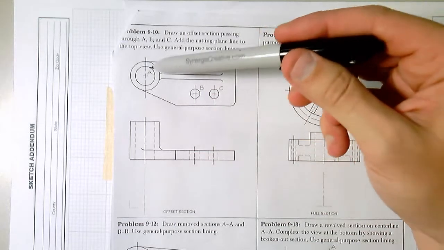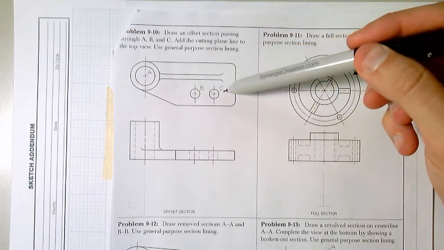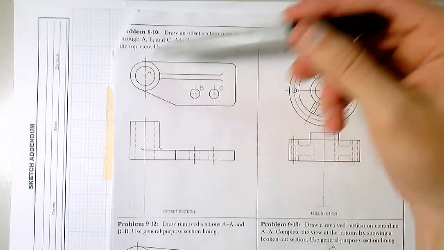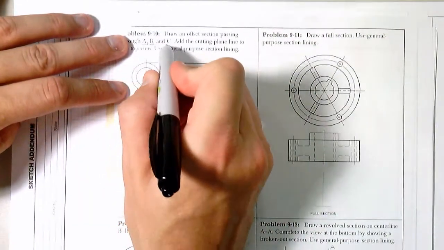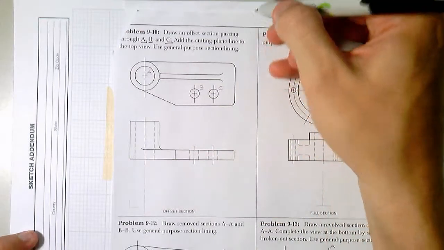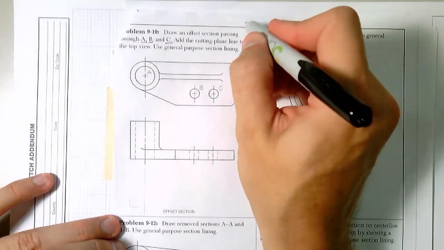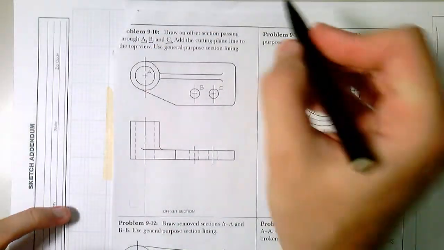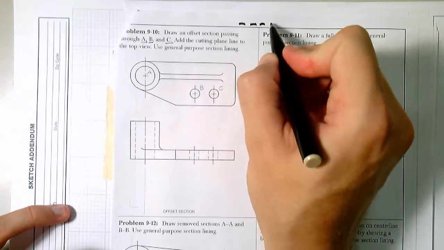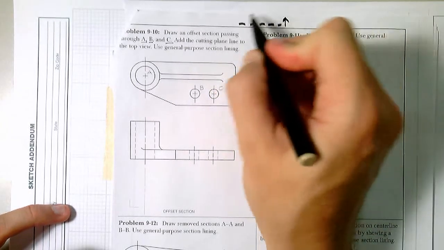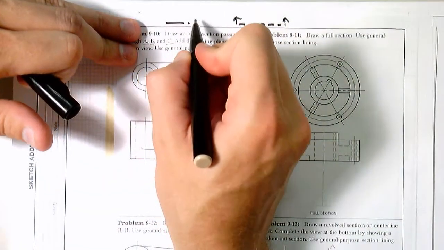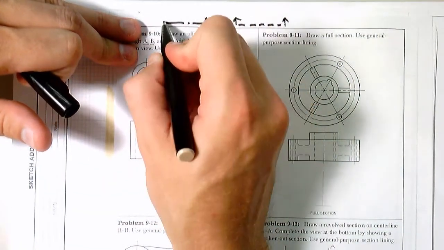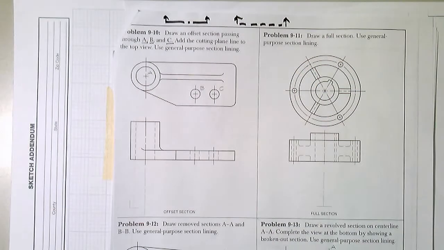One is going to be our offset section, which means the cutting plane line has to go through A, B, and C. And remember, our cutting plane line is that large bold line that we use. It may be dashed with an arrow, or it may be a center line if it goes through the center of an object. And you'll see maybe shortly how we'll get that.